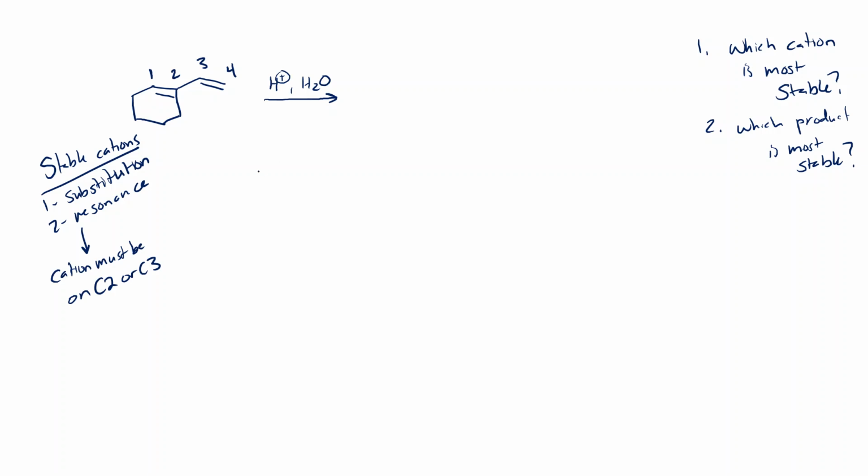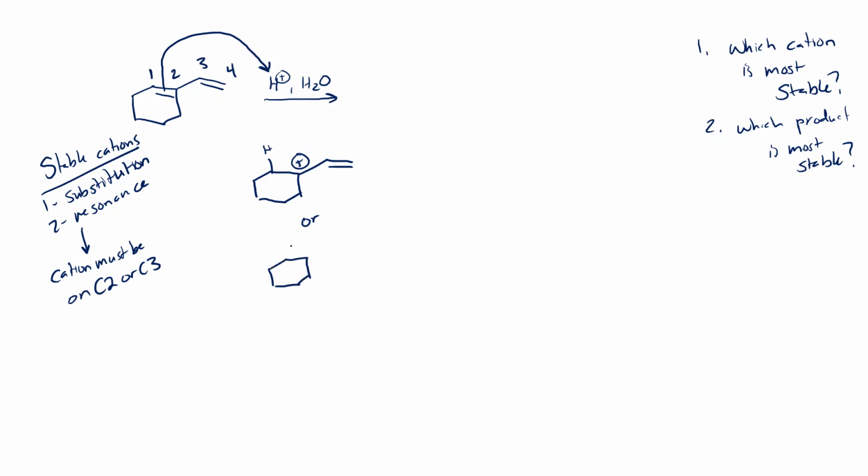To prove that, if we react this carbon-carbon double bond that's in the ring with H plus, we would put the H plus on carbon 1, make the carbocation on carbon 2, and we would have resonance stabilization with this other double bond. So that's carbocation on C2.